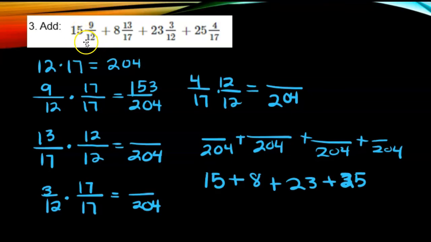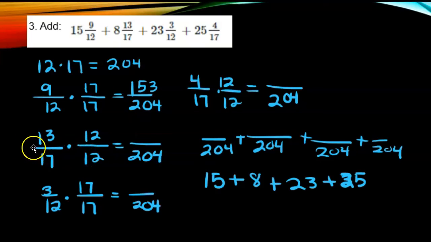Now, if the denominator is 12, you're going to multiply that fraction by 17 to get your denominator to be 204. So when I just multiply across, this is what I get for my first equivalent fraction of 9/12.